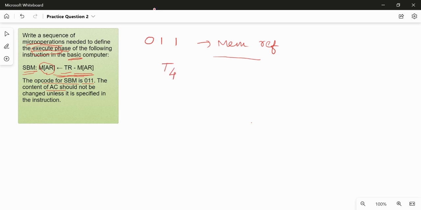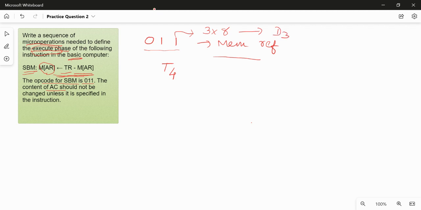Now, if you want to define an exact control function for the execute phase, the steps of the execute phase, then you have to consider the decoder output as well. In the basic computer, a 3-bit opcode is interpreted using a 3 cross 8 decoder available in the control unit. So if you give 011 as the input to this 3 cross 8 decoder, the output would be D3.